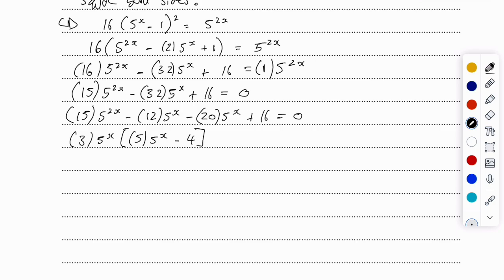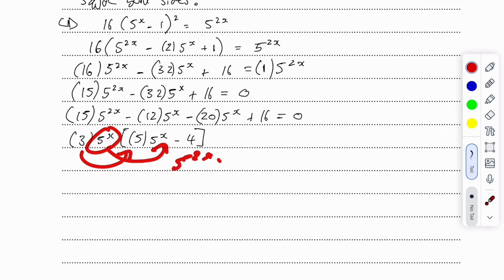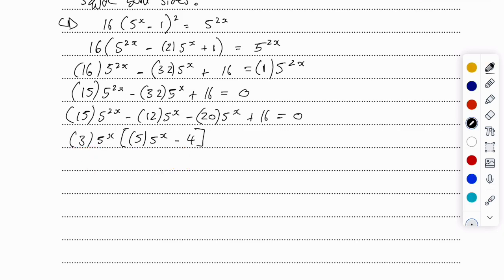Well, 3 times 5 is 15, and the x's we're going to add to get 5 to the 2x. You know that. And obviously 3 times minus 4 is negative 12.